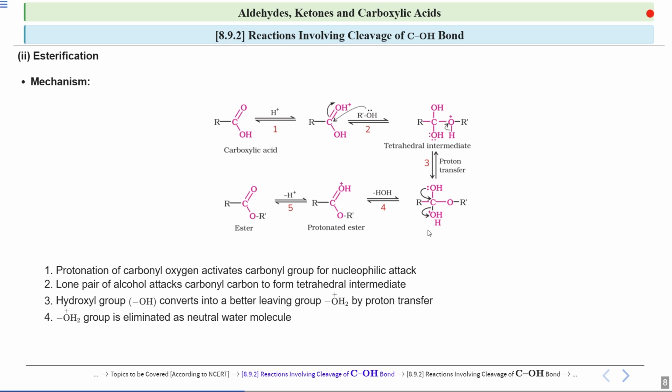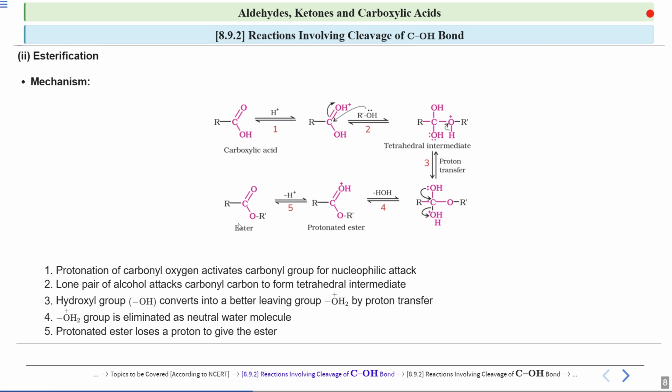Now in the next step, this OH2 group is eliminated as a neutral water molecule. Okay, so this will be eliminated and you will see you get a protonated ester. So this elimination helps you form a protonated ester. And in the final step, this protonated ester loses a proton to give you the ester as a product.